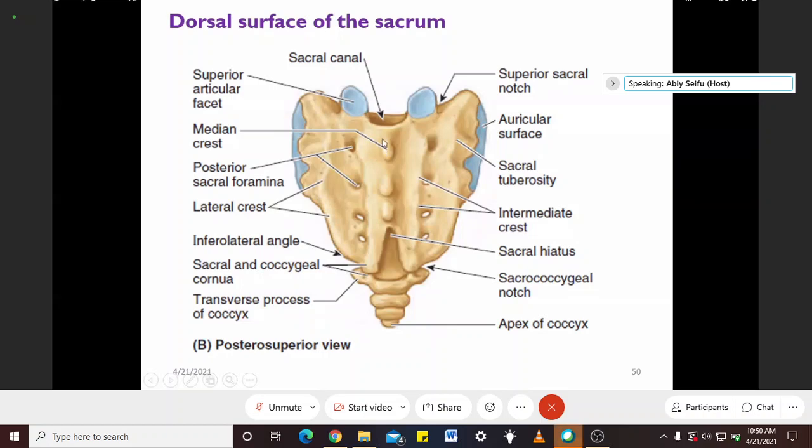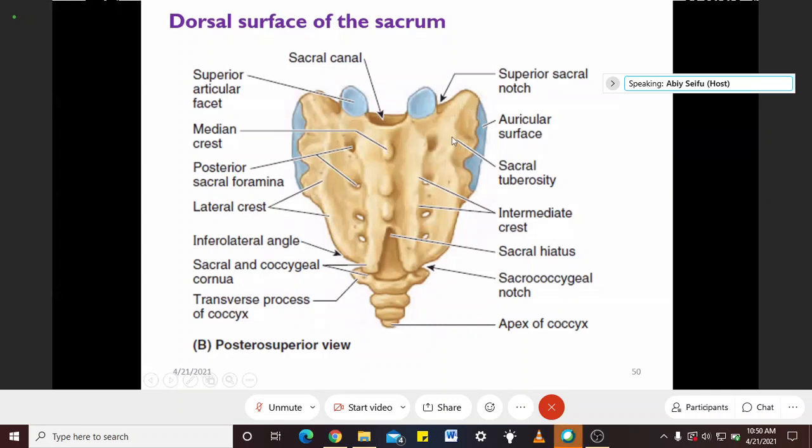Then, somewhat lateral to the median crest, there is a fusion of articular processes. You see here the levels of the superior and inferior articular processes. They fuse together and form the intermediate crest, whereas more laterally, this one is the transverse process.